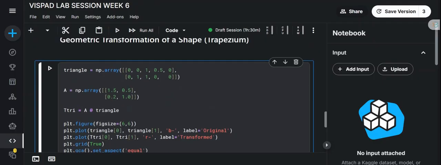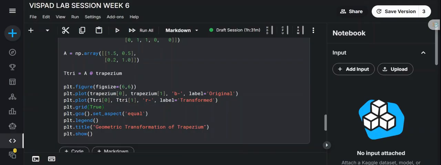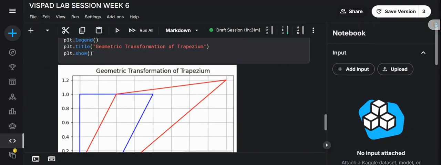All right. So we have a trapezium over here.